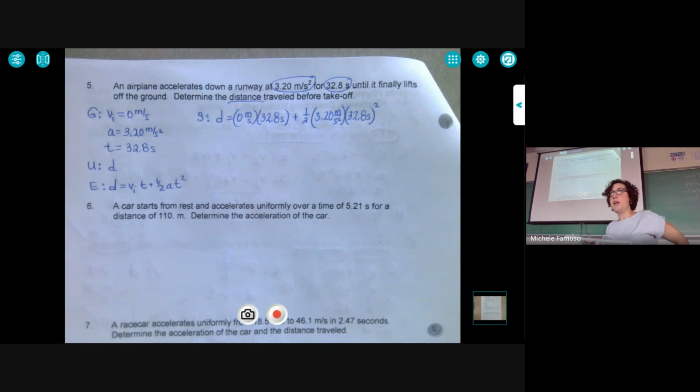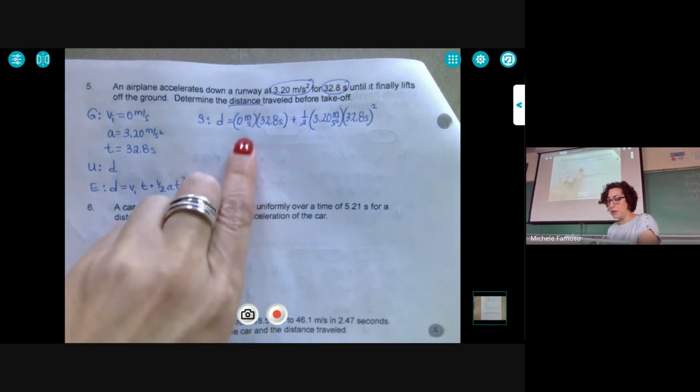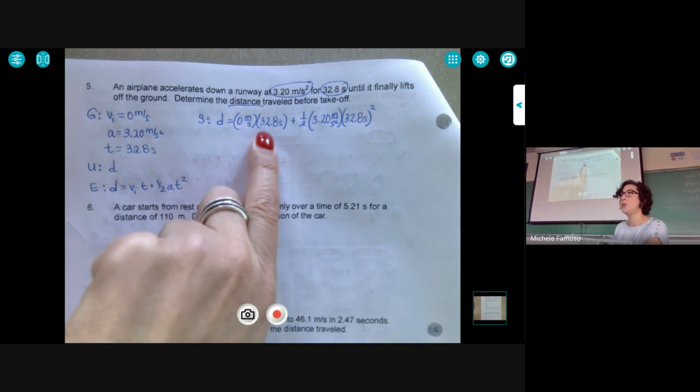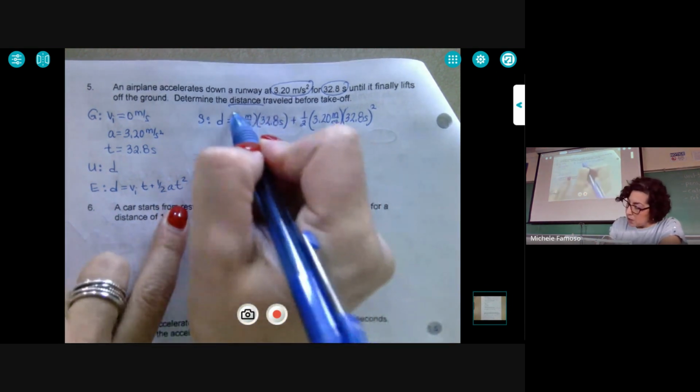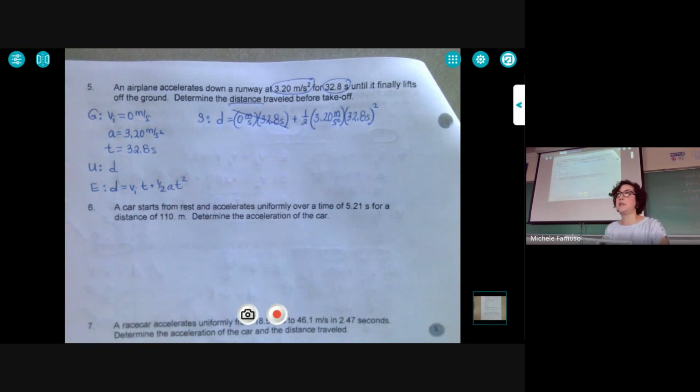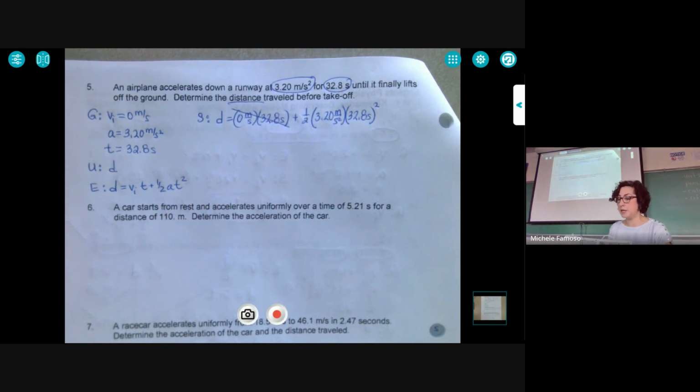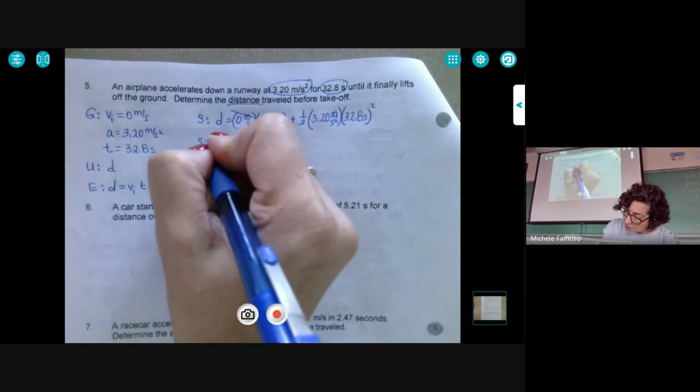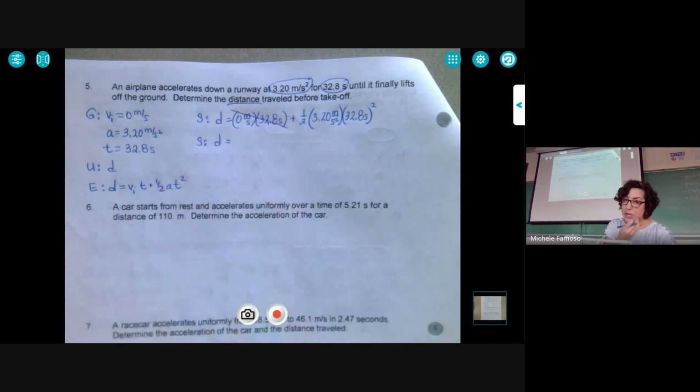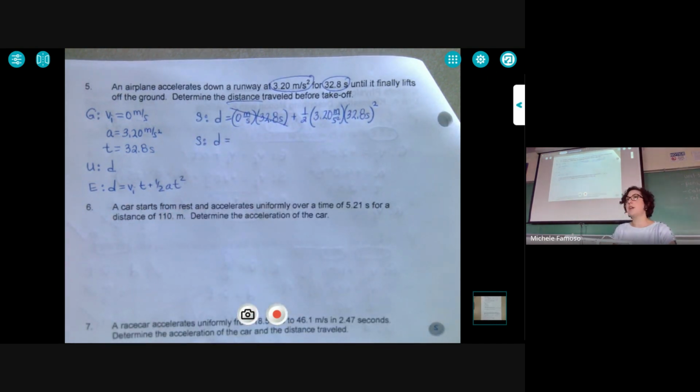Now, you can simplify your life a little bit here before you go to the calculator. Because what is 0 times 32.8? 0. So this part of the equation is going to drop out. Basically, from this point forward, ignore it. Let's now go ahead and solve that. We need an answer with units and sig figs. There will be no direction because distance is a scalar measurement.